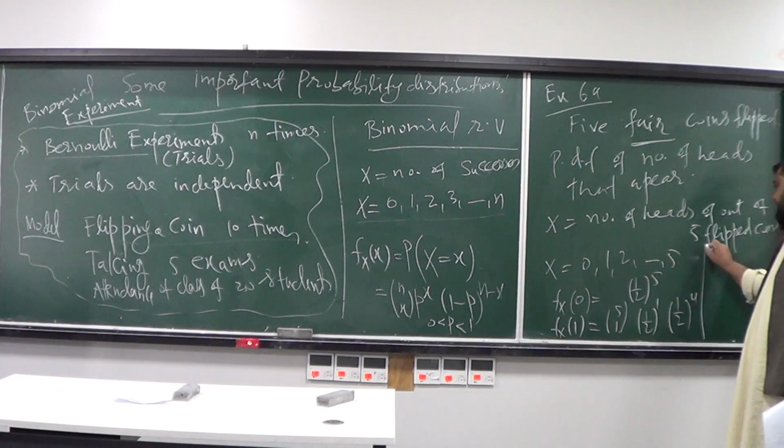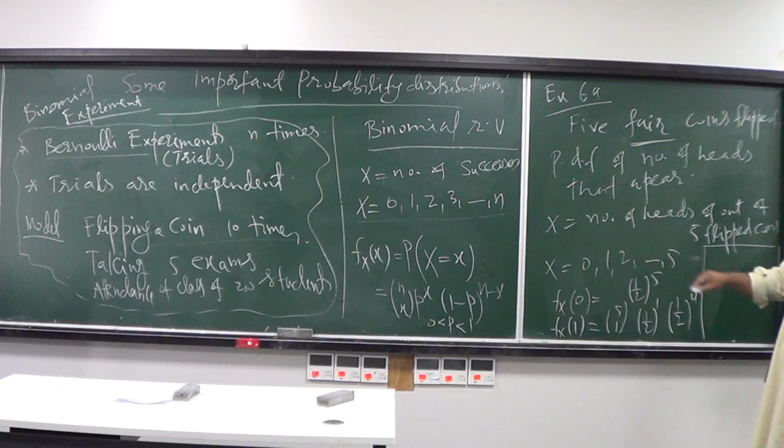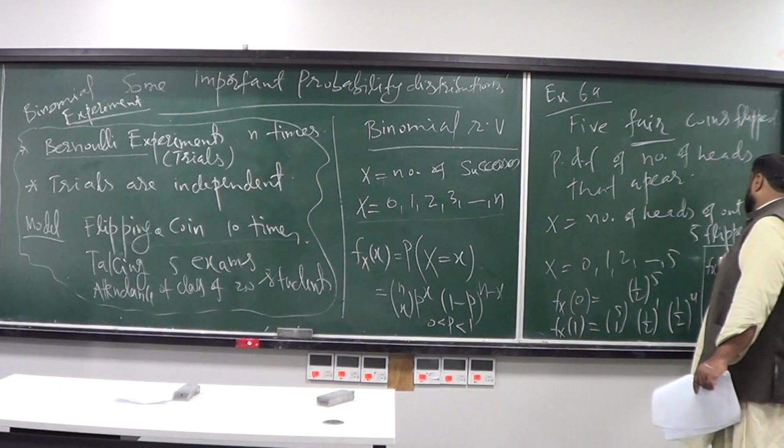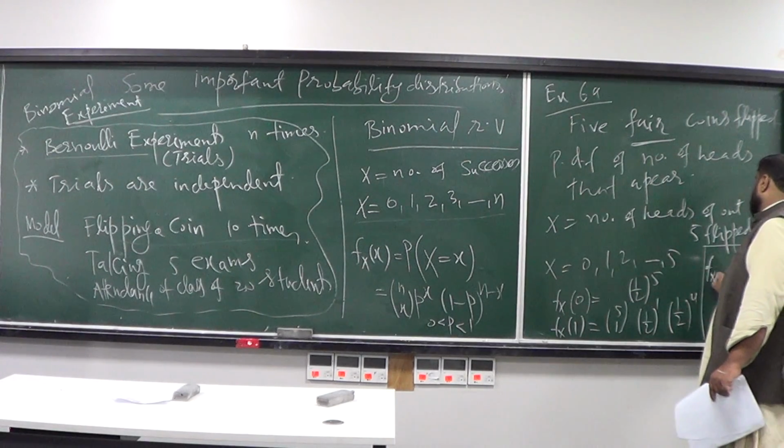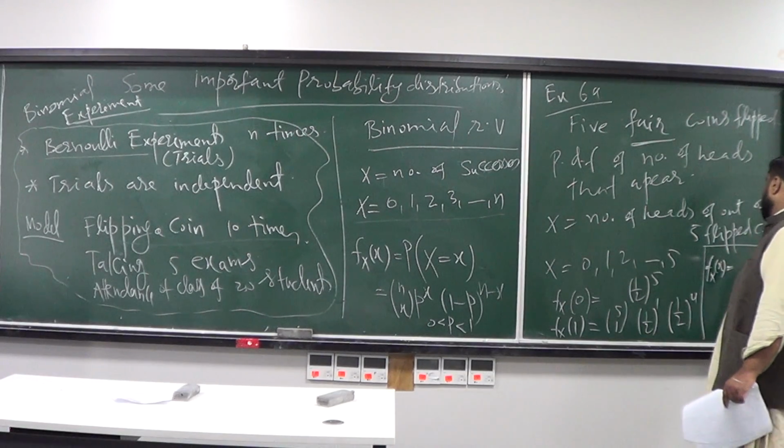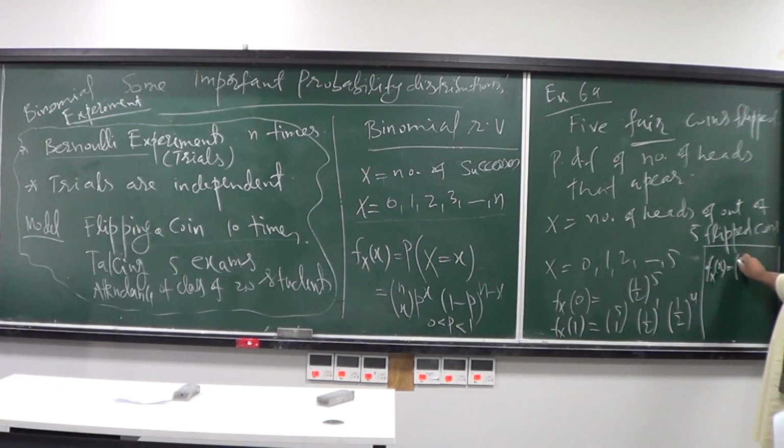And you can easily generalize this and say, what would be fx of x? It's going to be 5 choose x, where x can be 0, 1, 2, 3, 4, 5, anything. In other words, out of 5 places, on x places you get heads.